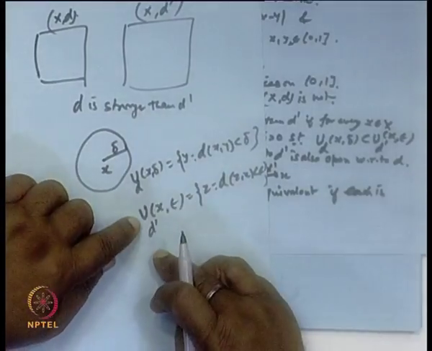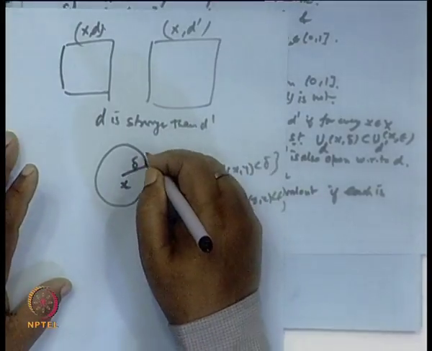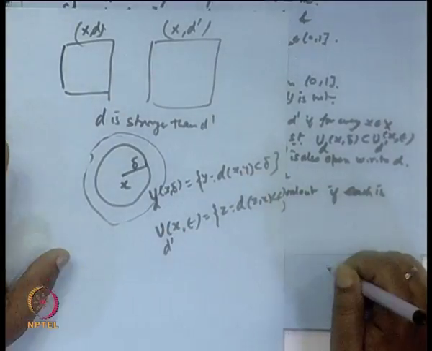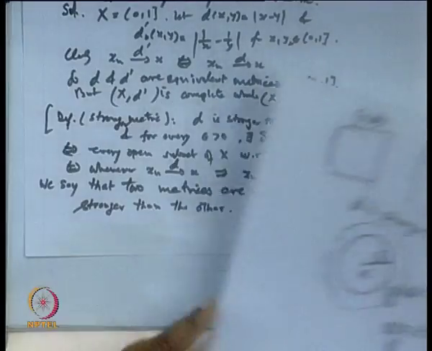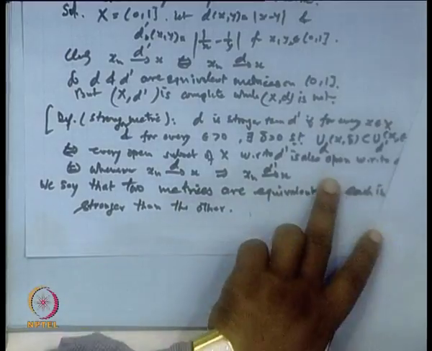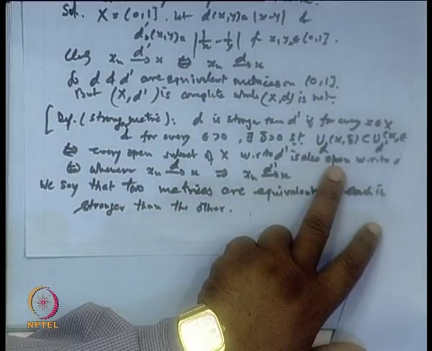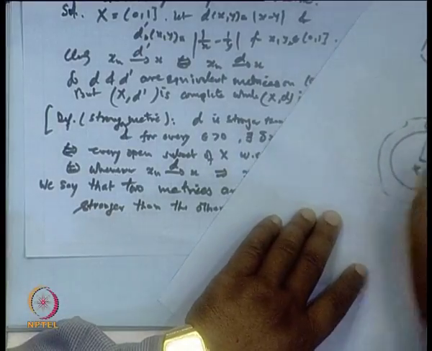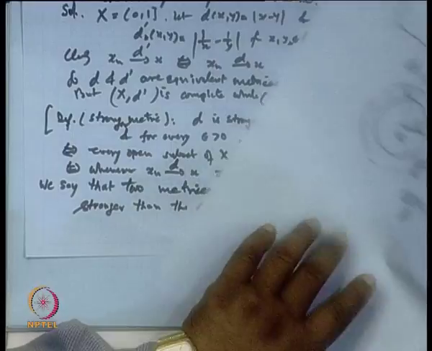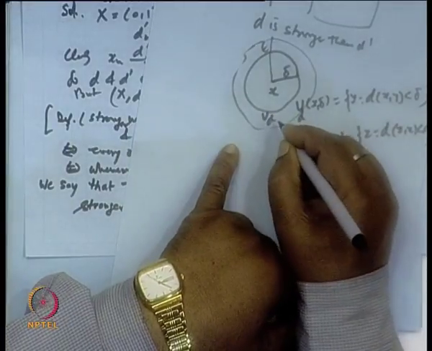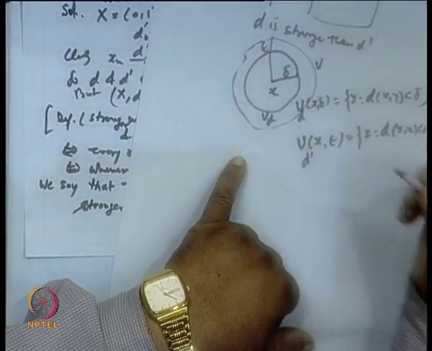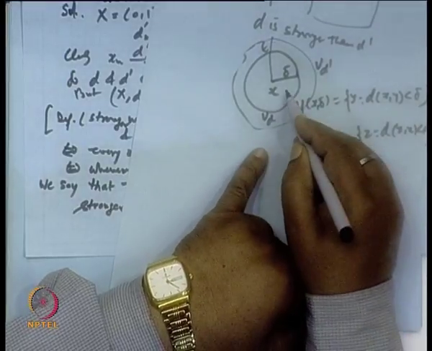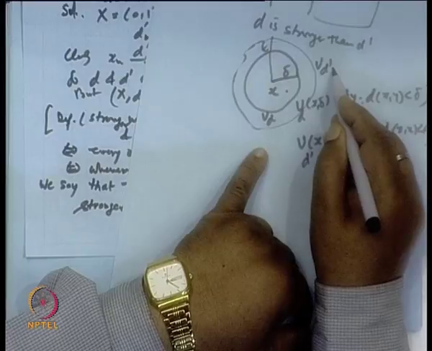Now, these two balls are there centered at x, one is this, another one is this. What it says is that if this ball is totally contained inside this epsilon ball, this is the U under D, this is the U under D dash, then we say this metric is stronger than this.